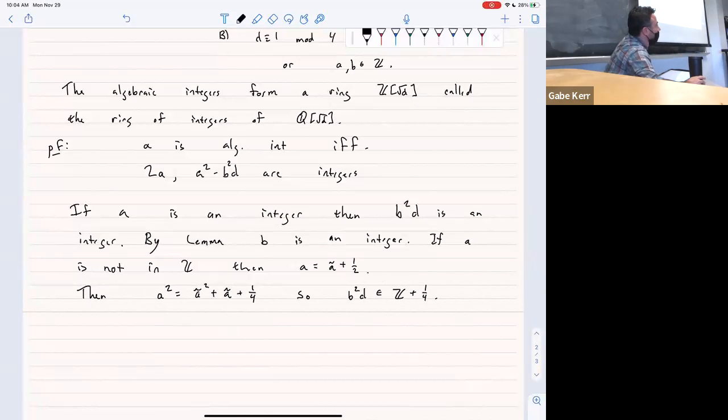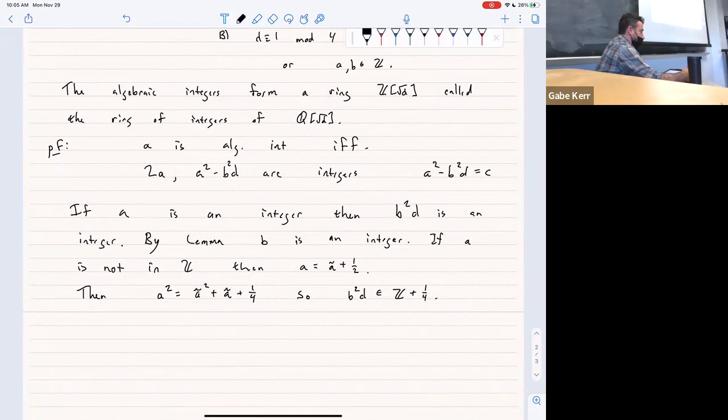The statement, if a is an integer, then b squared is that relationship. So it happens here. A is an integer, so what we have is a squared minus b squared d is equal to some integer c.